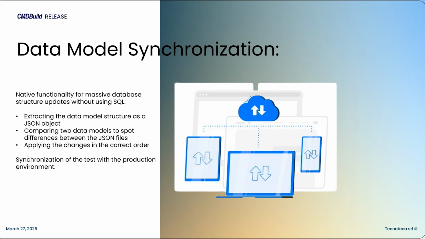Then it's able to compare two data models to spot their differences, just comparing the corresponding JSON files. Applying the changes in the correct order in order to align the two data models. And finally, also managing logical deletion of entities no longer present in the target data model.